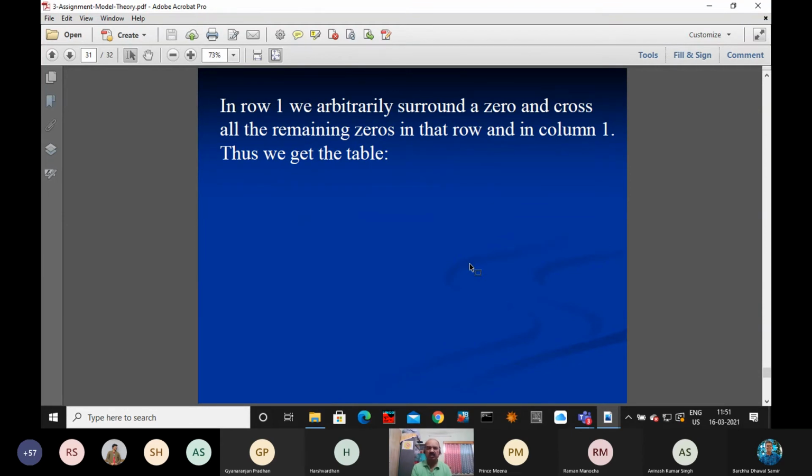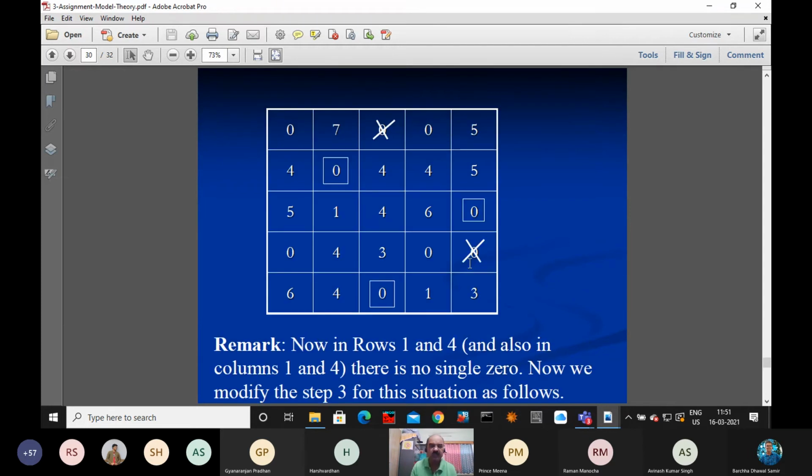So in the first row there are 2 zeros, and in the fourth row there are also 2 zeros. When there are 2 such zeros, what does the rule say?